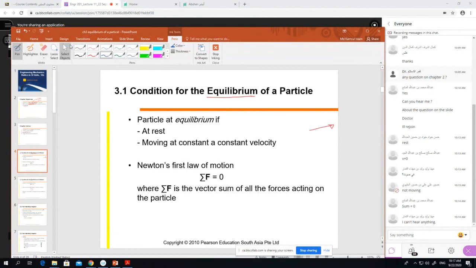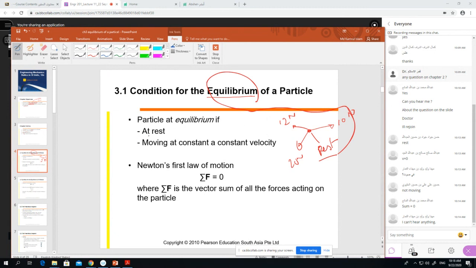Then the question is equilibrium. I was talking about equilibrium. Suppose a particle: I'm giving force in this direction 10 Newton, another direction 12 Newton, another direction 20 Newton, and still it is at rest. Then we will say the particle is in equilibrium.